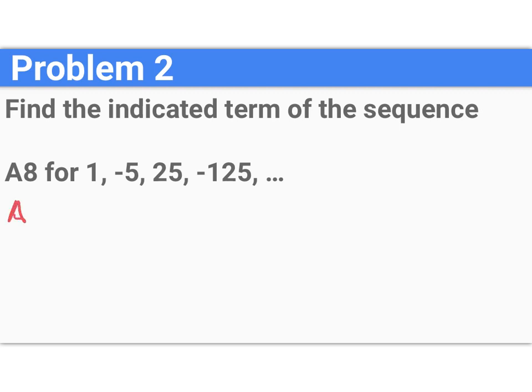Okay. Find the indicated term of the sequence. So this is a sub 8 for 1, -5. So it looks like we're multiplying by -5 here.